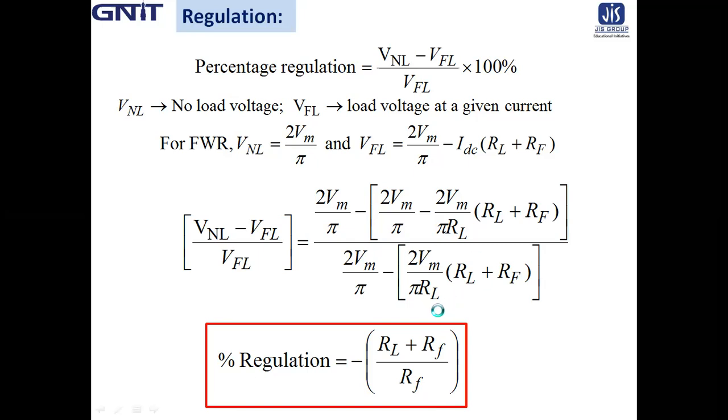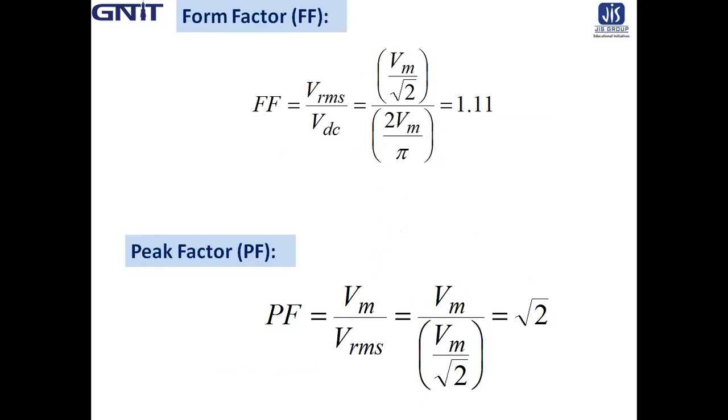Next is the calculation of form factor and peak factor. Form factor is defined as the ratio of VRMS by VDC. So it is the ratio of the RMS value to the average value of the voltage. So VRMS is Vm by root 2 and VDC, we know, is 2Vm by pi.